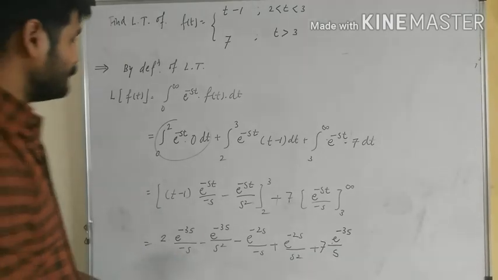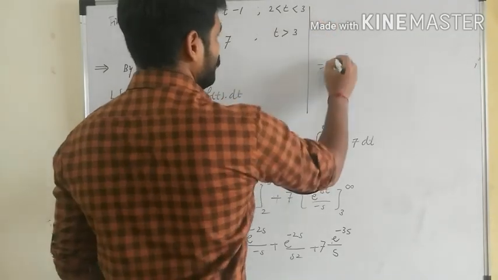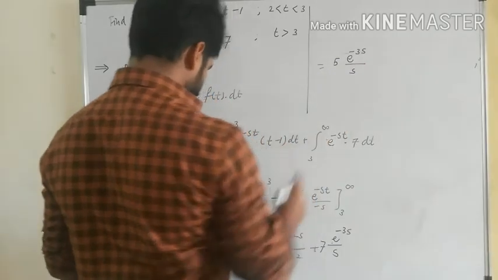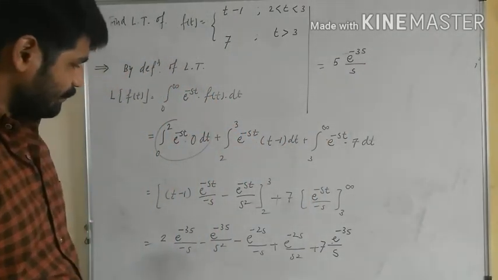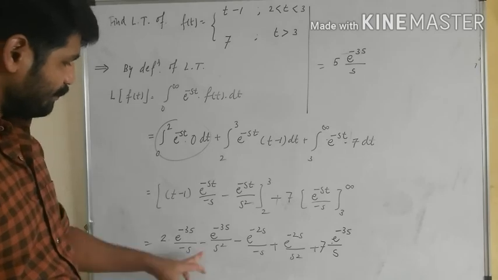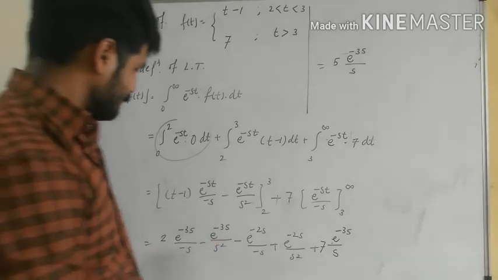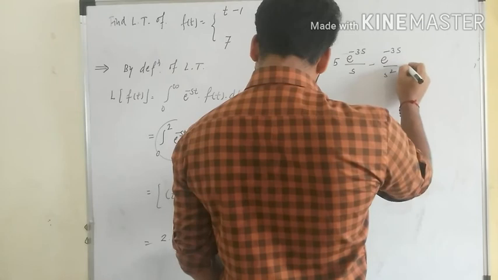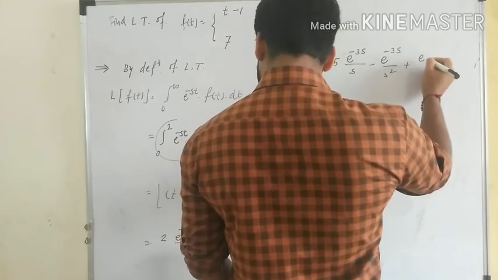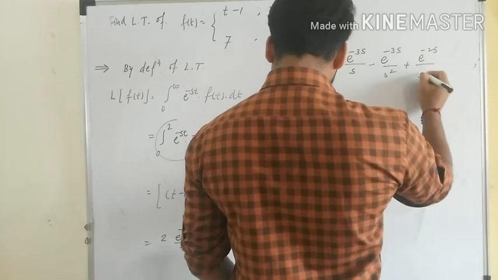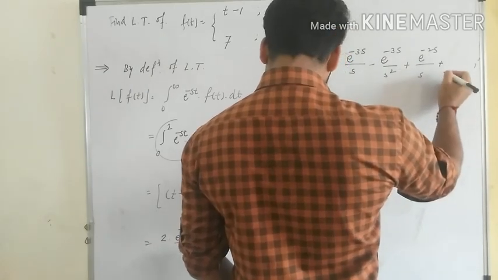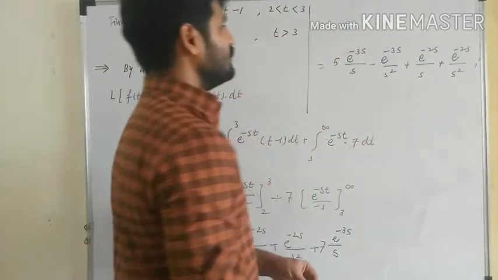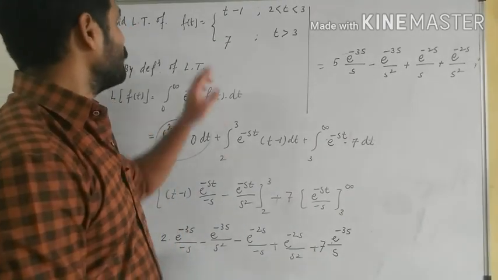So totally we get 5 times, so equal to 5 times e raised to minus 3s divided by s, minus e raised to minus 3s upon s square, plus e raised to minus 2s upon s, plus e raised to minus 2s upon s square. So this is your required Laplace transform of the given function.